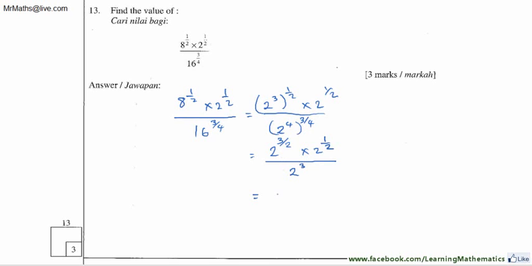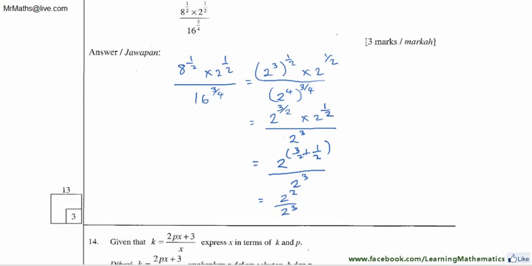And this is basically 2 to the power of 3 over 2 plus 1/2, over 2 to the power of 3. And 3 over 2 plus half is 2, so 2 squared over 2 cubed. And that is actually 1 over 2. That's the answer.